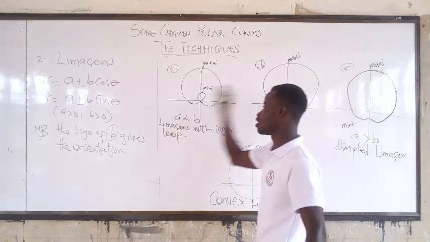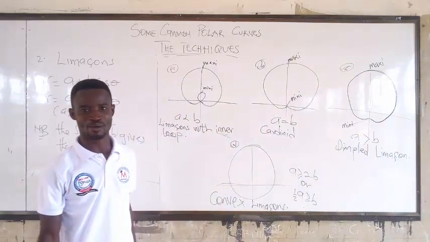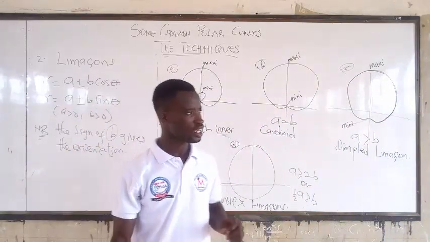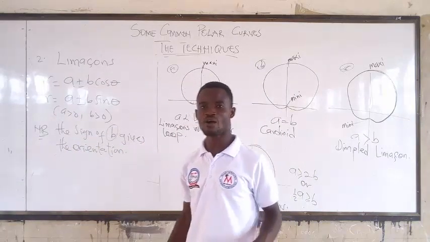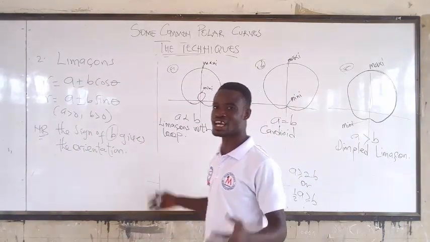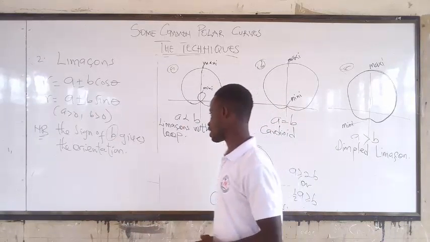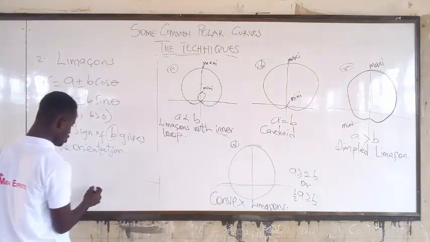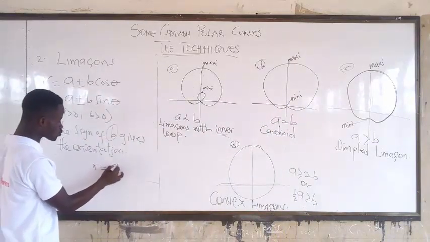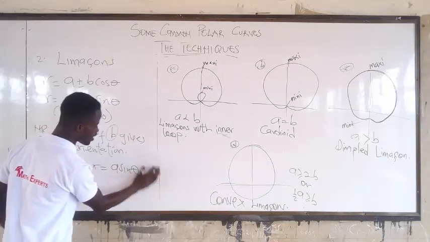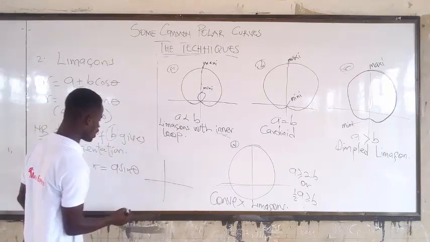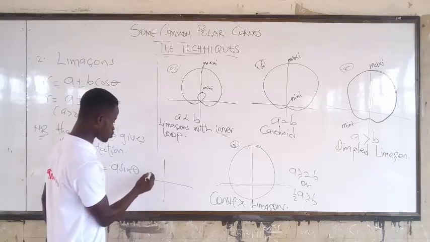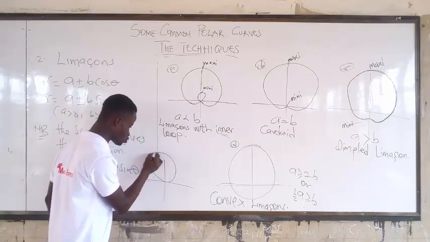Alright, so let's talk something about it. Now, the first one that was forming a circle, that is the cos and the sine one. You can see that, for instance, you have r = a sin theta. We are saying that it's going to be on the positive y-axis, and it's going to be a circle too.